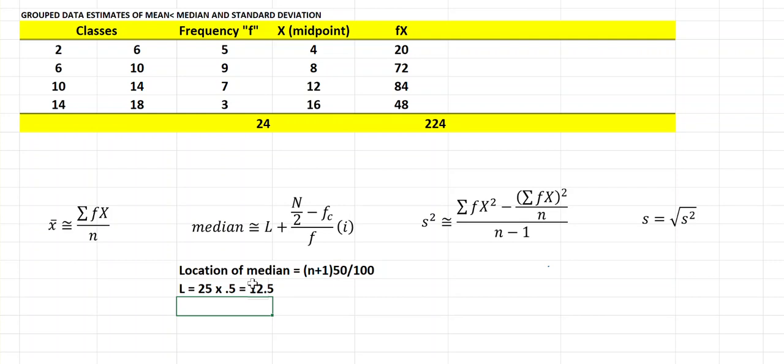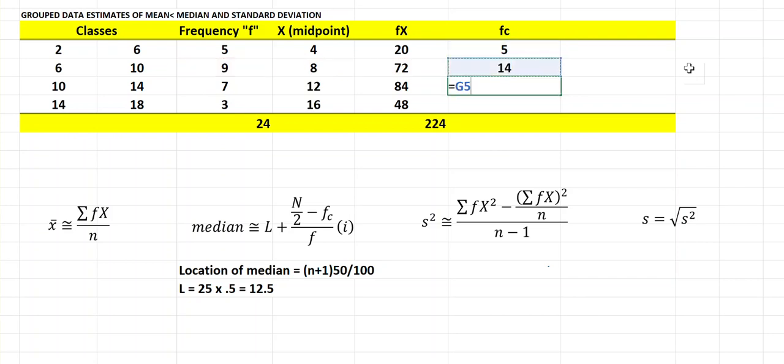Okay, so the location of the median is between the 12th and the 13th value down. So the easiest way to find that is to find the cumulative frequency. The cumulative frequency starts at 5, right? And then is equal to 5 plus 9.